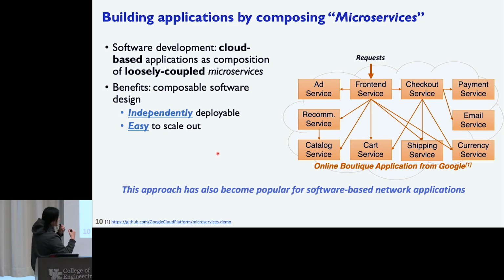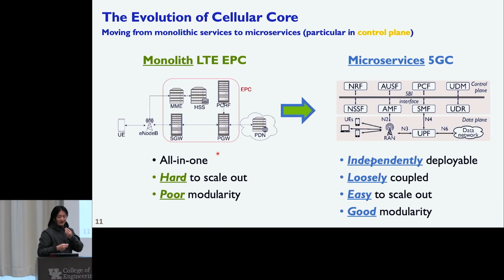Nowadays, this approach has also been used by the cellular network community to develop softwarized network functions, as you can see from the shift from the 4G core network to the 5G core network. The significant difference is that in the 4G LTE EPC, or core network, the network functions are deployed as monolithic functions, but in 5G, they are decoupled into more functions.